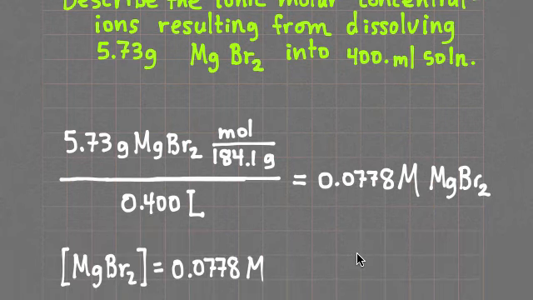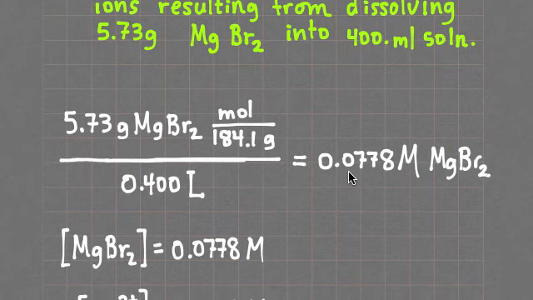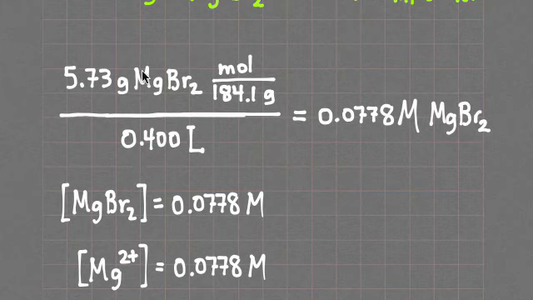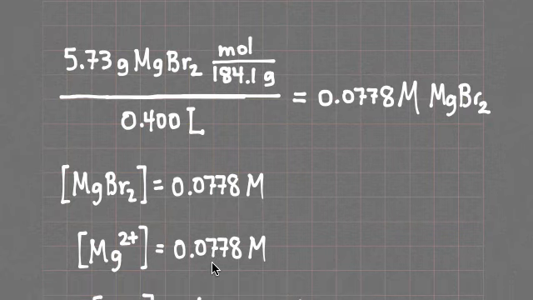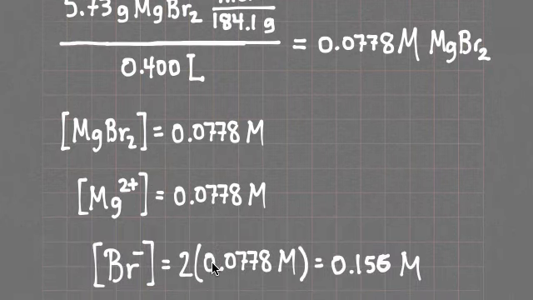Square brackets mean molar concentration, molar aqueous concentration usually, not always, but it's 0.0778 molar magnesium bromide. 1 magnesium 2 plus ion comes from 1 magnesium bromide unit, so it's the same number for the concentration of magnesium ion, but it's actually twice that number for the bromide, because there are 2 bromide ions for every 1 magnesium bromide unit, so the concentration of bromide is more than that.